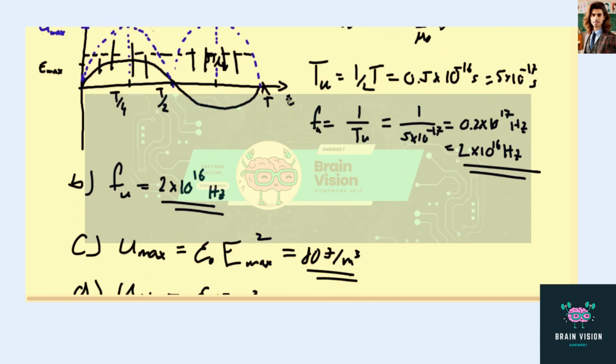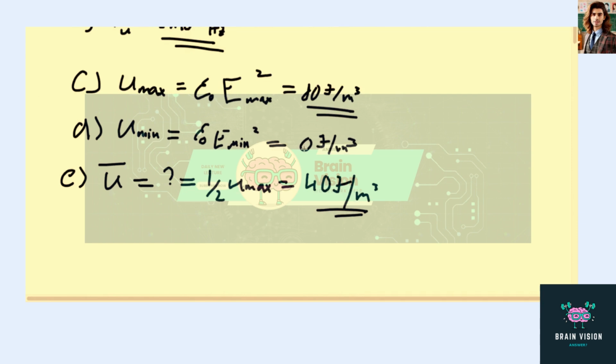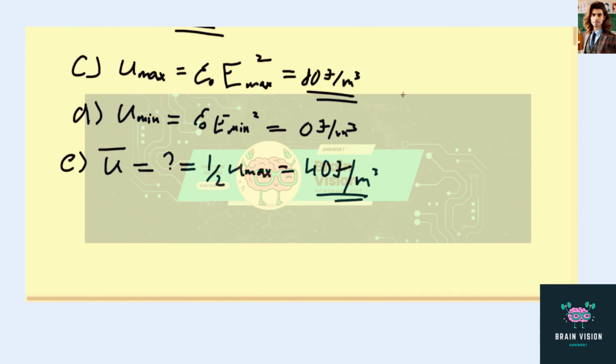You can find this by writing a waveform. If you wrote E as something like E max times sine of 2 pi over T times little t plus or minus 2 pi over lambda times x, you would integrate the square of this function over one period.